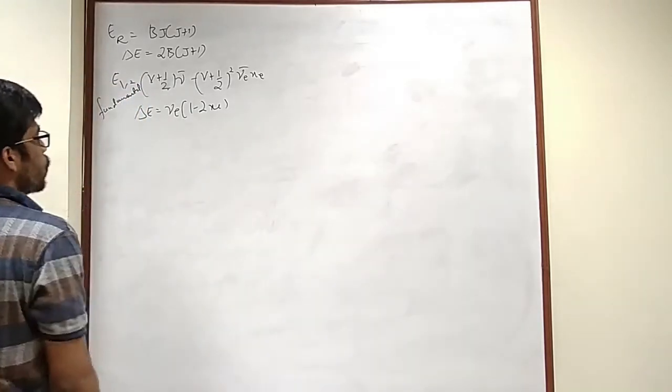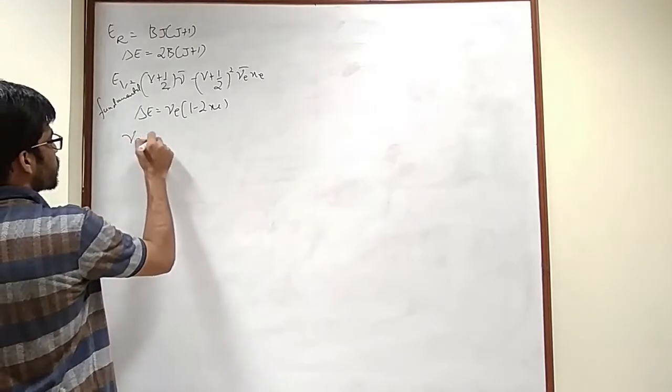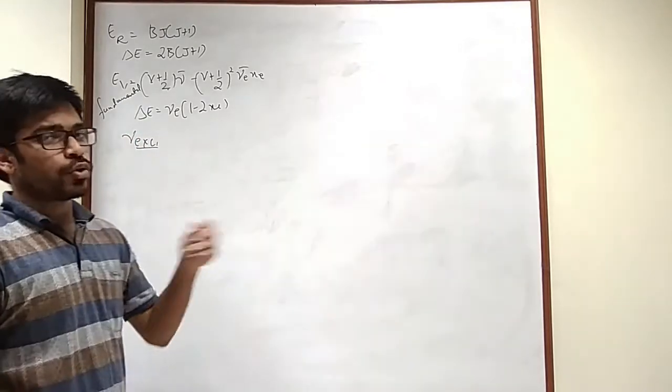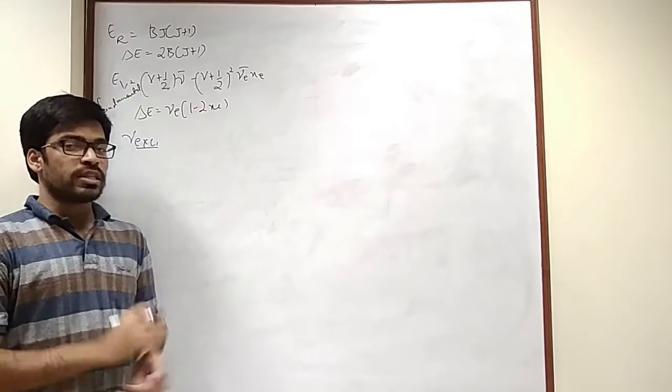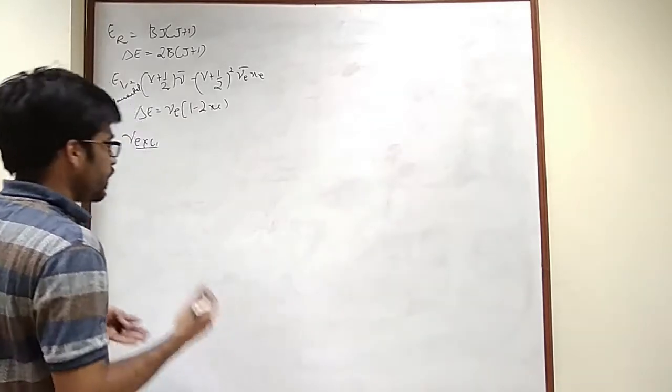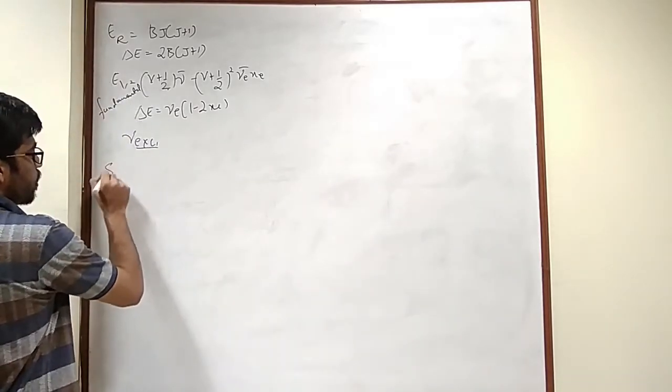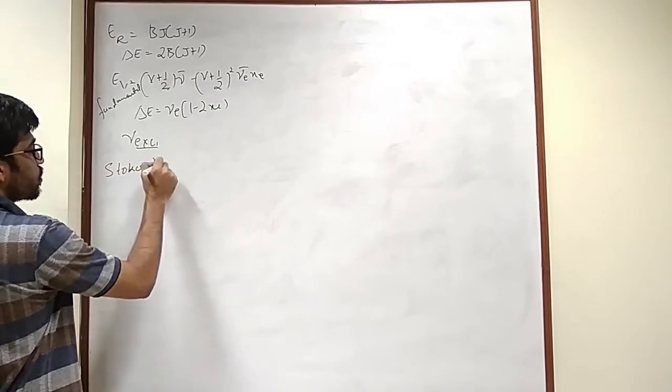And we know the excitation is an energy which is supplied to the molecule for Raman spectroscopy. So in this case, let's take the example of the Stokes line first.